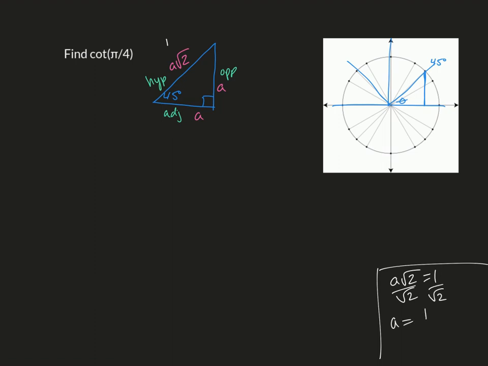I get A equals 1 over root 2, which we have to rationalize, so times root 2 over root 2. And I end up with A is root 2 over 2. So I'm going to fill in those values. This over here is root 2 over 2 because it's A, and this is the same, root 2 over 2. Now I'm going to get into actually solving, and you should be able to do this after last week. If you want to pause, feel free.